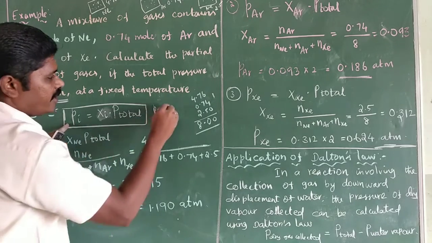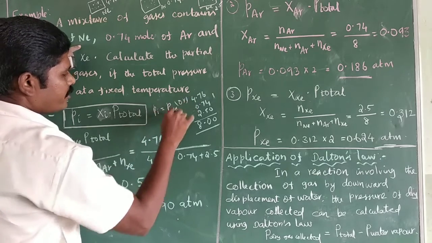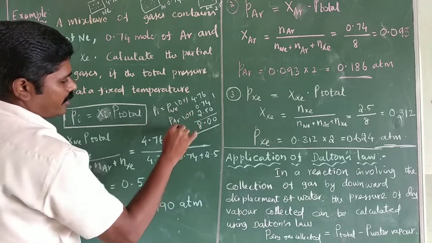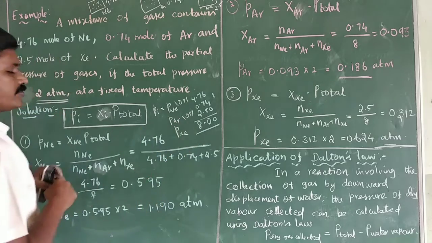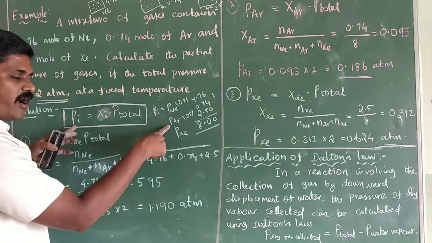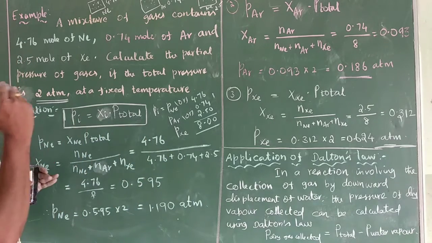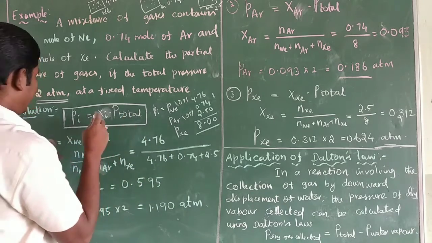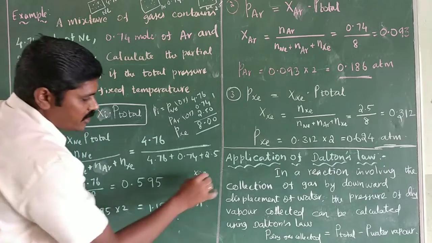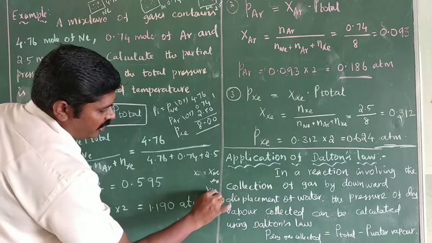Pi is the partial pressure of neon, argon or xenon, and Xi is the mole fraction.